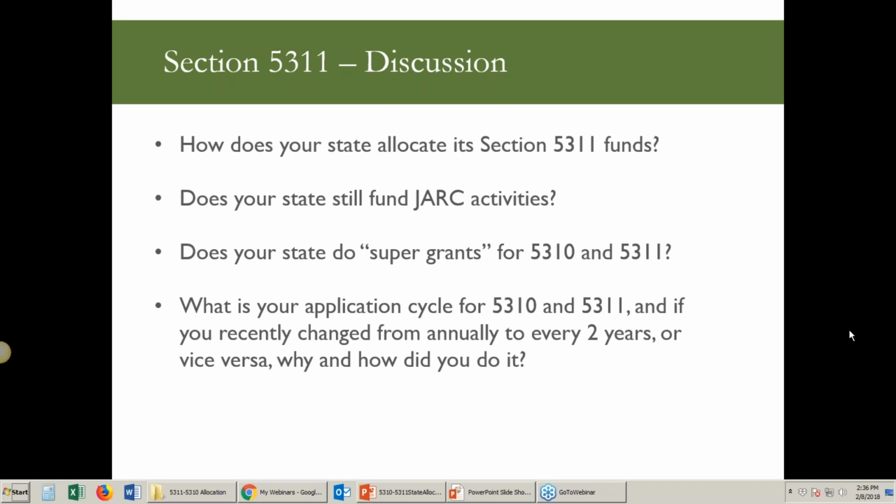But it's worked great for us. It's enabled us to do a lot more capacity building and technical assistance for the agencies, and we've really appreciated it. Yeah, and helping them plan and have a little more stability.